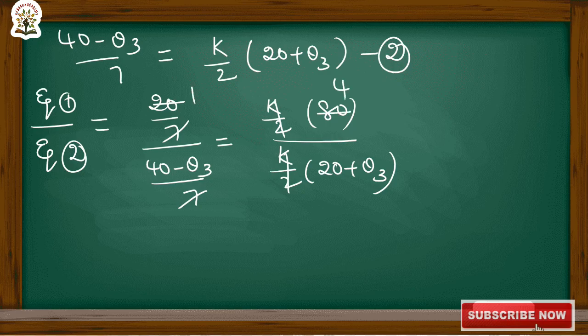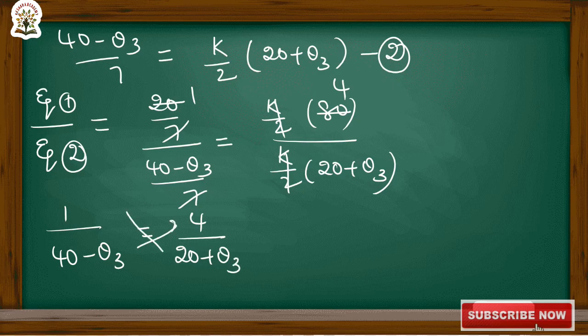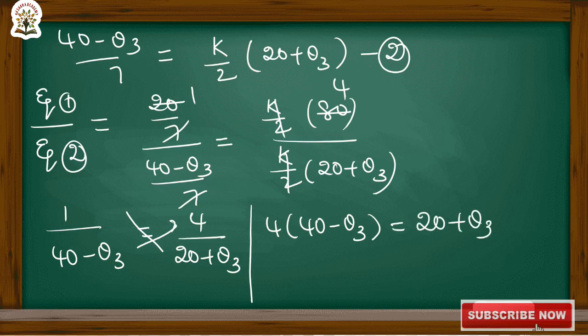So 1 by (40 minus theta 3) is equal to 4 by (20 plus theta 3). Taking cross multiplication, 4 into (40 minus theta 3) is equal to 20 plus theta 3.